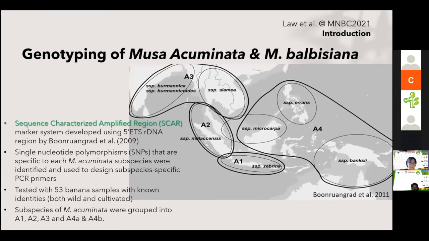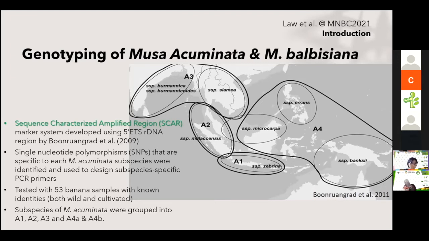They sequenced the nuclear ETS rDNA region, and then developed subspecies-specific markers to make a rapid method to detect the banana subspecies, as well as the cultivars which are derived from those subspecies.